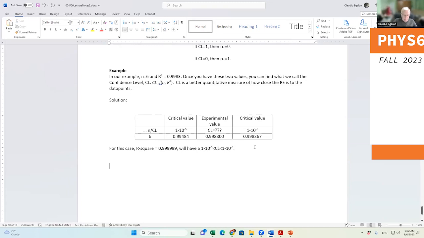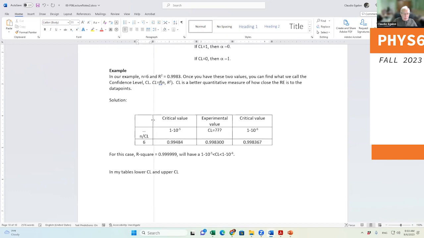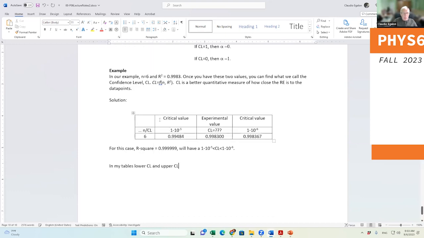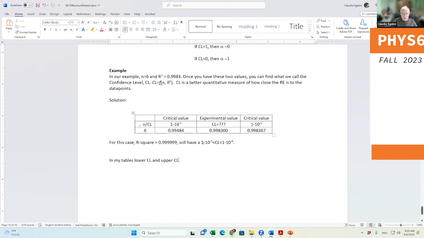In my tables, what do I do? Let me see if I can. I write down lower CL and upper CL. In the table that I provide for the experiment, lower bound, upper bound would be a better way of characterizing those two values.